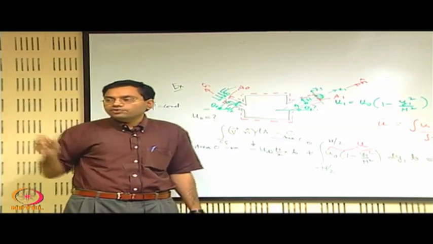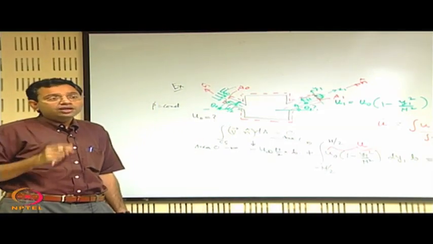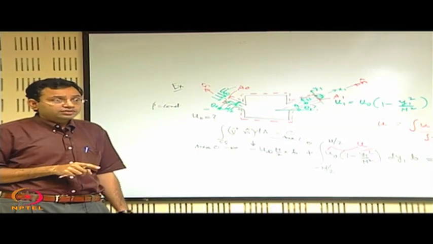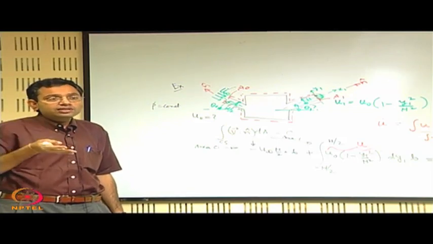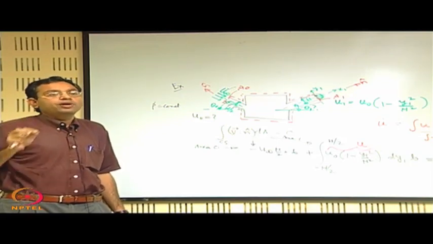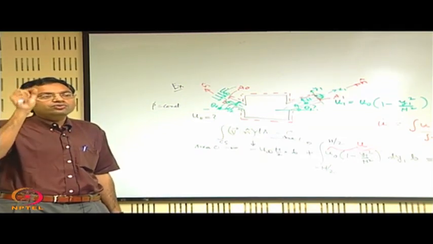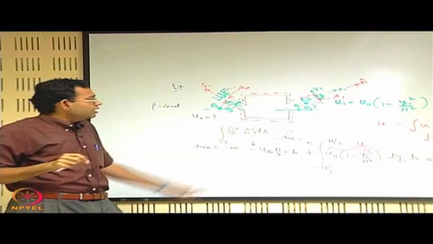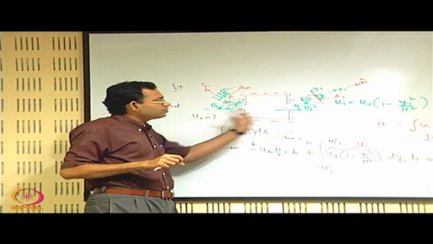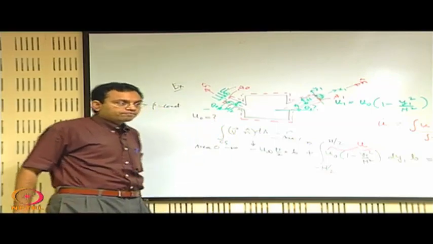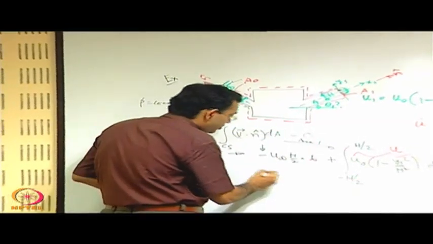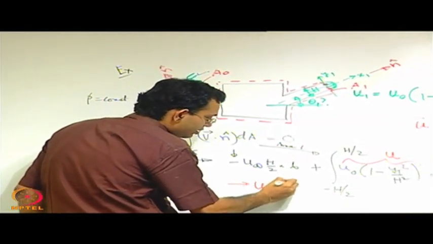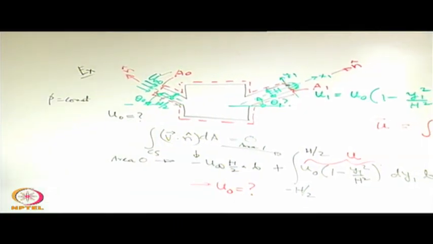So, it is not that the area of a point 1 or something like that, but there we used velocity at the point 1. The reason is that in the Bernoulli's equation we used velocity at a point. So, we had to link it with velocity at a point. Now, we are linking things through velocity over an area. So, if you complete this problem you will get u naught, because all other things are known.